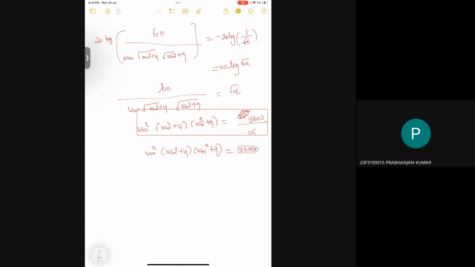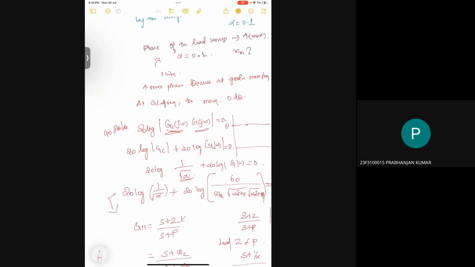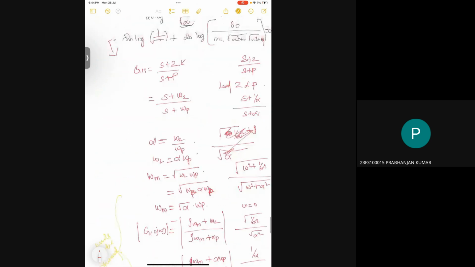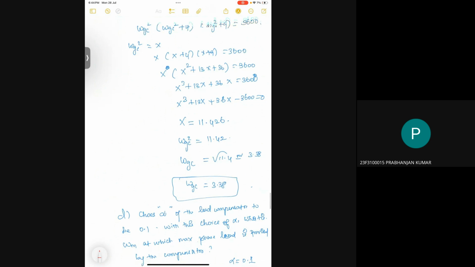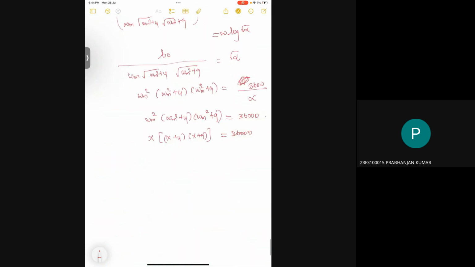Now, similarly, x plus 4 to x plus 9, whatever we did previously, just this value will change. What we got here, x cube plus 13x plus 36x. Similarly, when you find this, x will be equal to some value.